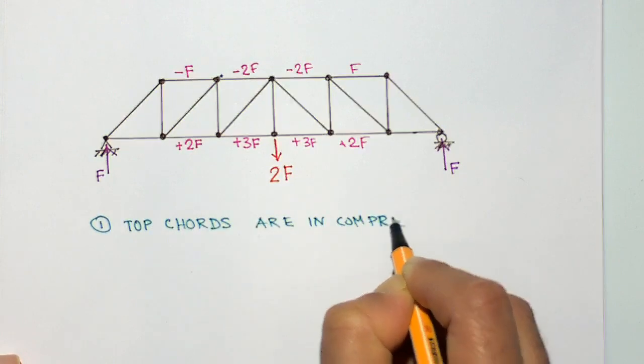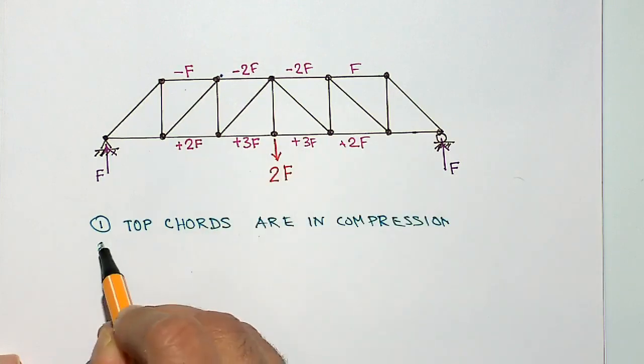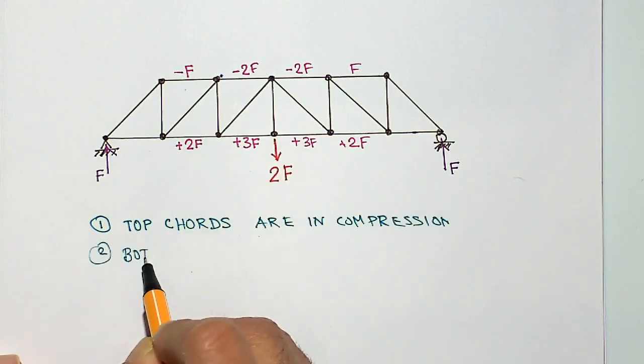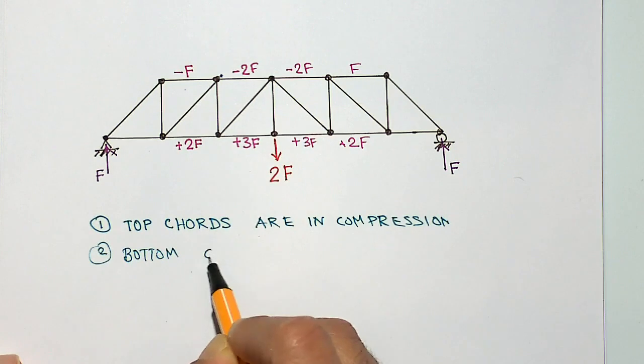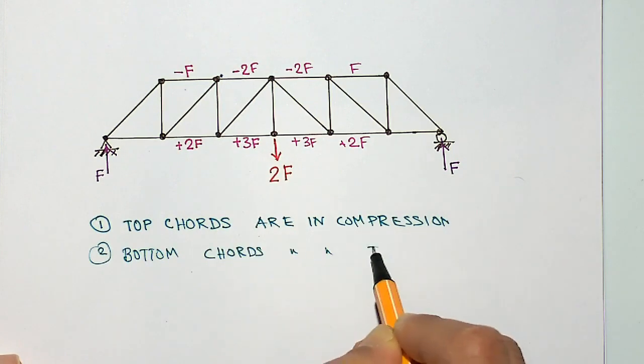So top chords are in compression, that you could see. Second thing, the bottom chords are in tension.